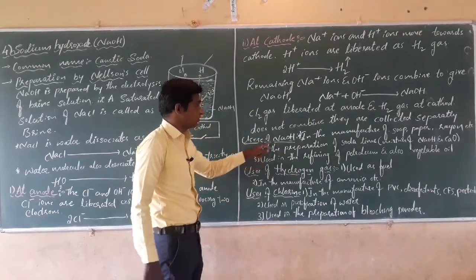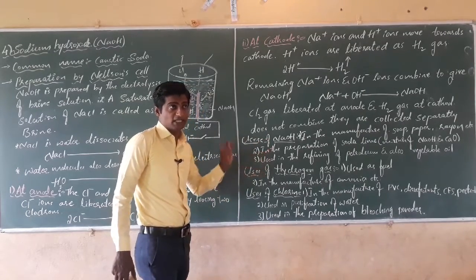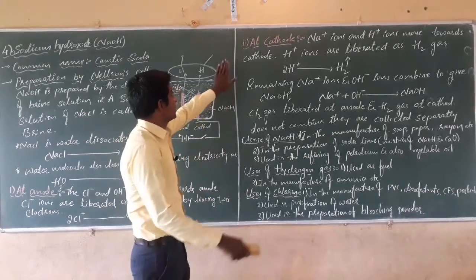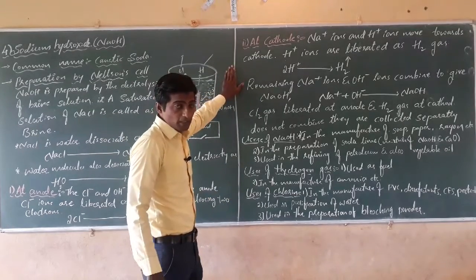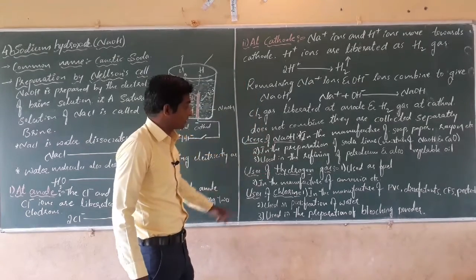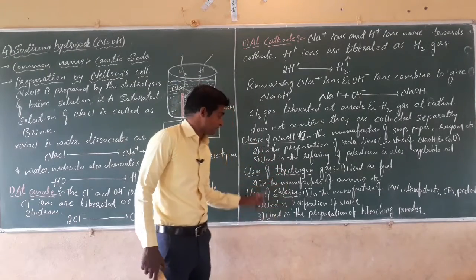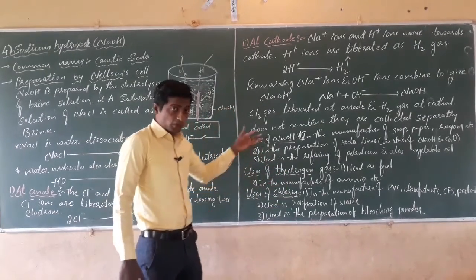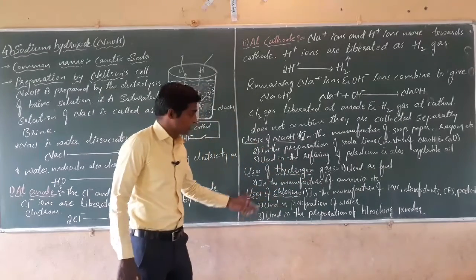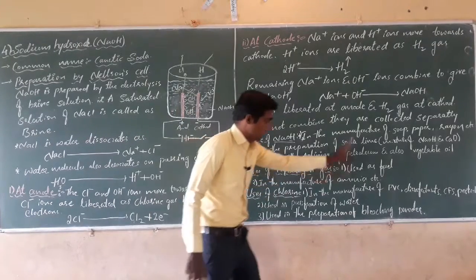In the examination he may ask, a lot of times he asked about this content, preparation of sodium hydroxide, and write the uses of the components which are obtained during the manufacture of sodium hydroxide. Also separately he may ask, write the uses of sodium hydroxide, write the uses of chlorine, write the uses of hydrogen gas also.